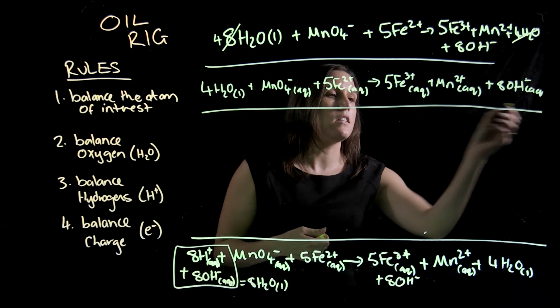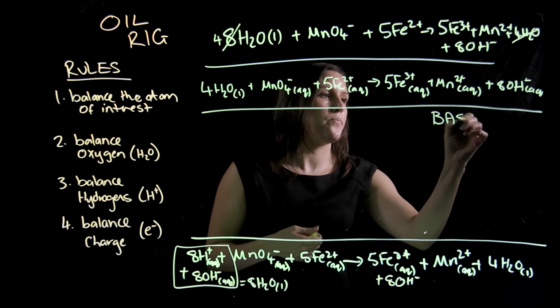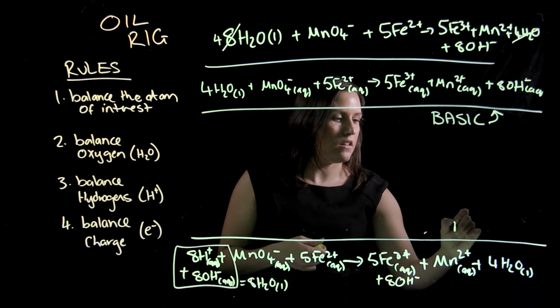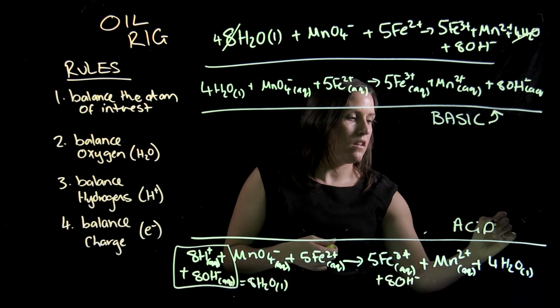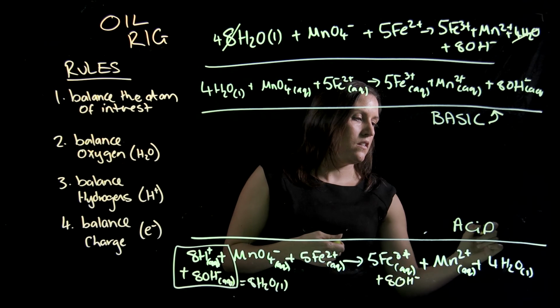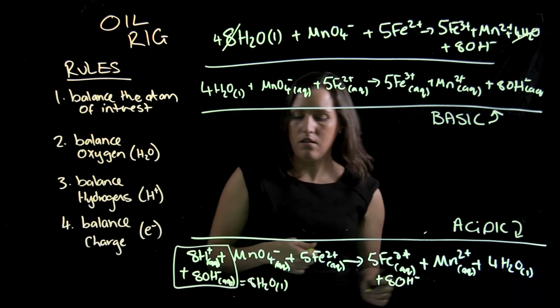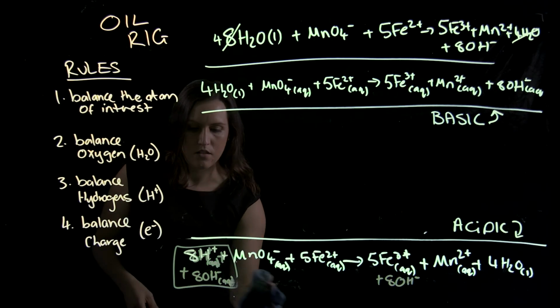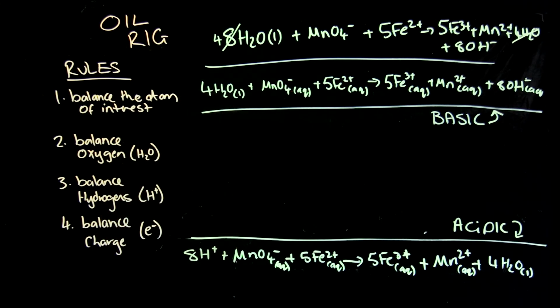Okay, so that's under basic conditions. Okay, that's basic. And this one here is your acidic. If I can spell. Okay, so I'll just wipe off this working out so that way we can show the basic and acidic together and see the difference.